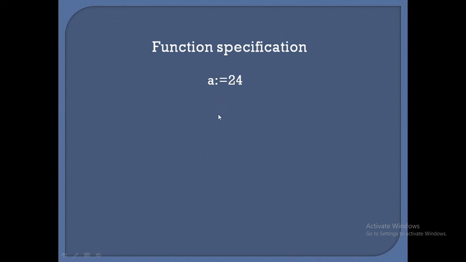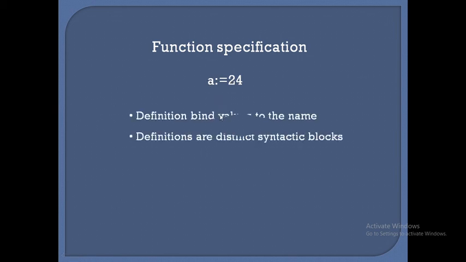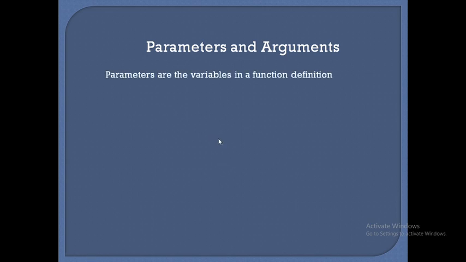And definitions are distinct syntactic blocks. Next, parameters and arguments. Parameters are the variables in a function definition. And what do arguments mean? Arguments are the values which are passed to a function definition.